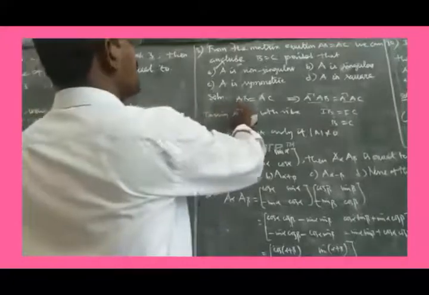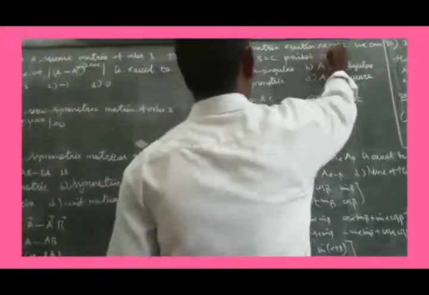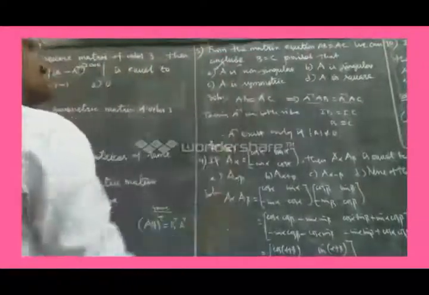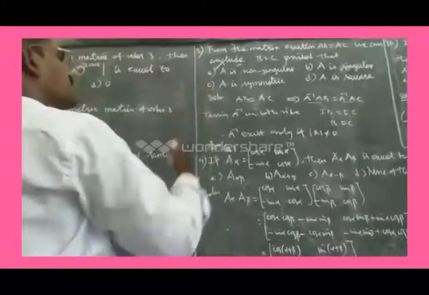Solution: AB equal to AC is a matrix equation.